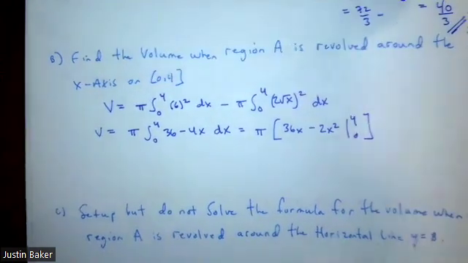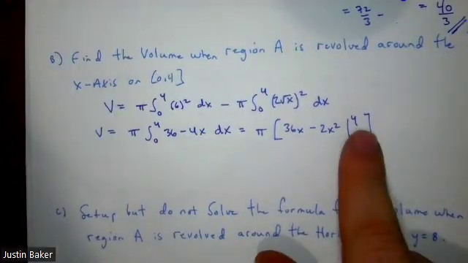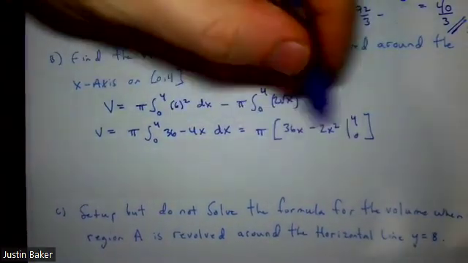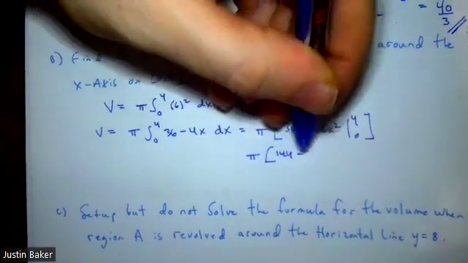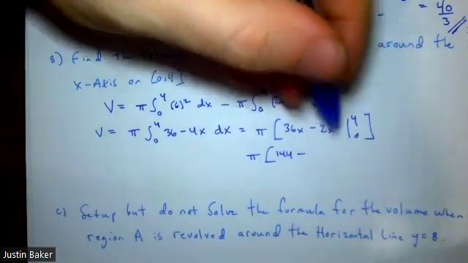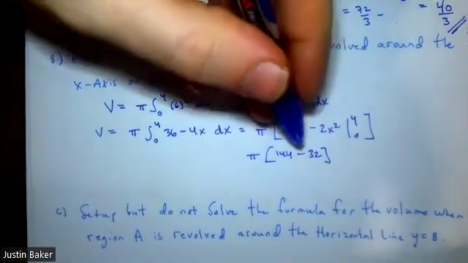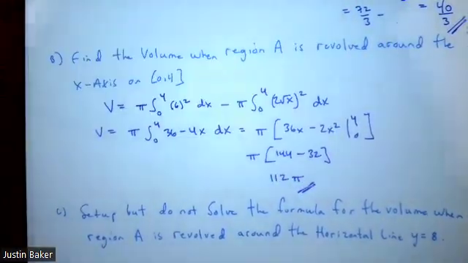In case you're not following, that would be 4x squared over 2, which is 2x squared. Put the 4 in, and this would become 144 minus 32. If we take that away, that would be 112 pi.